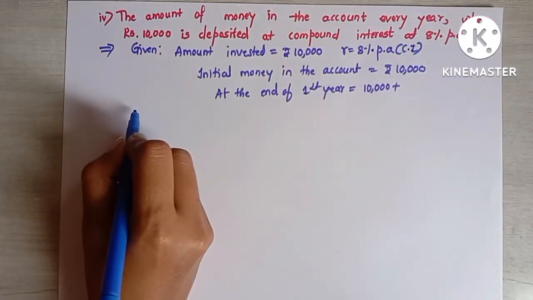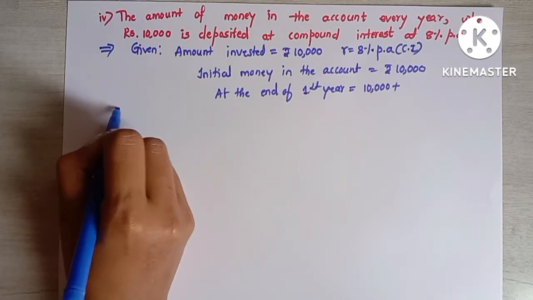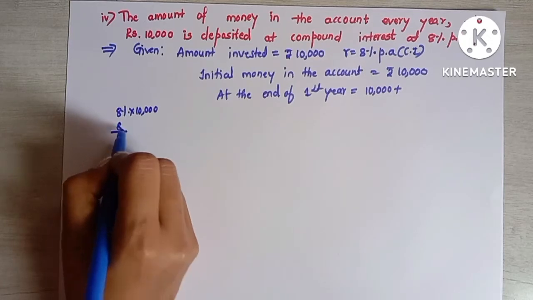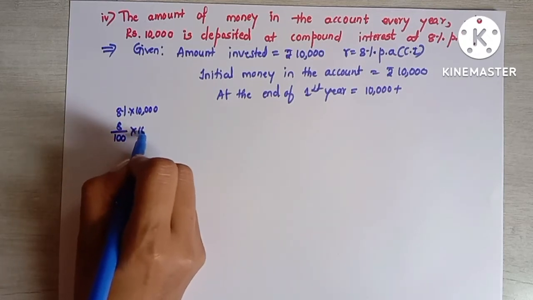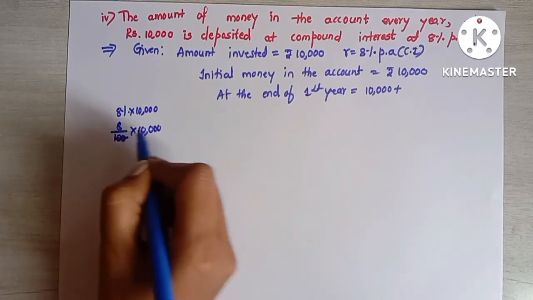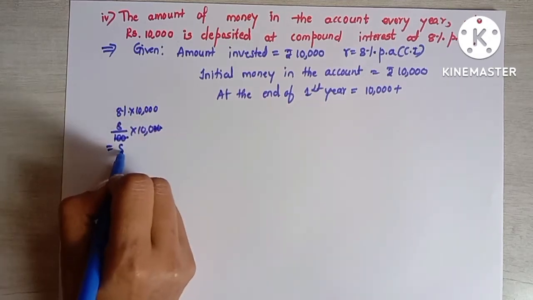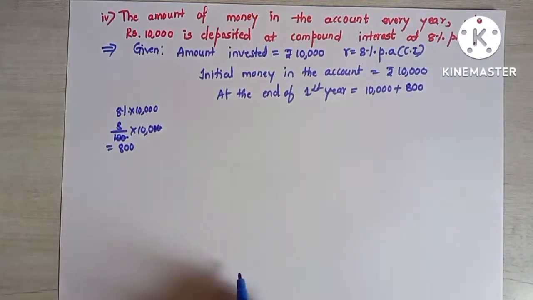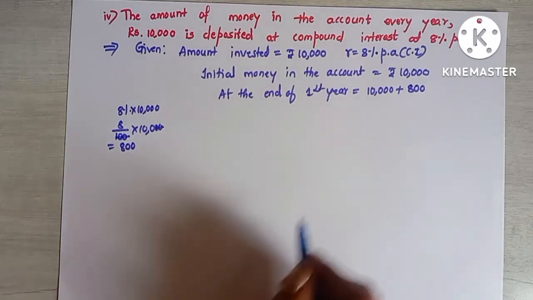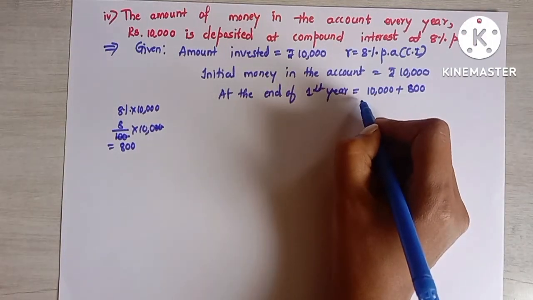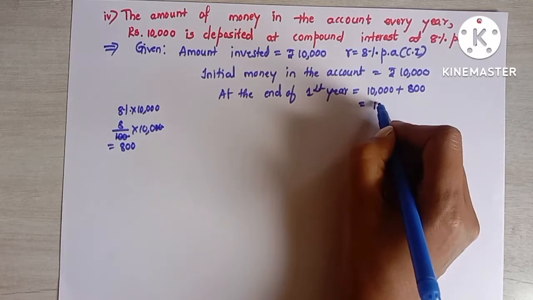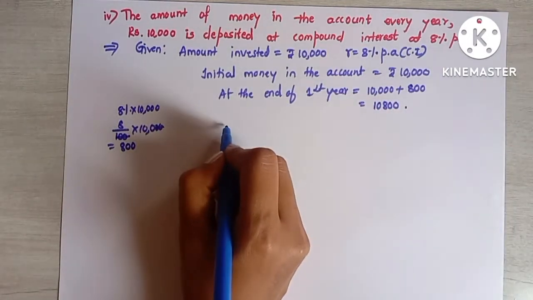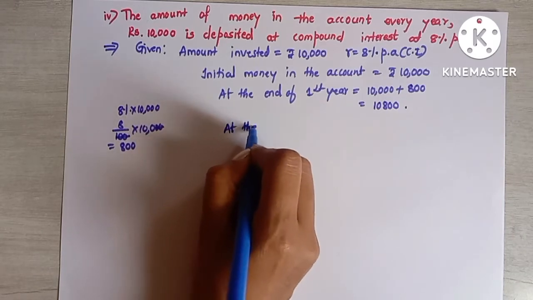So let us calculate the interest, that is 8% on 10,000. So this will be 8 divided by 100 into 10,000. So the zeros get cancelled, remaining is 800. So this is 10,000 plus 800, which is equal to 10,800.